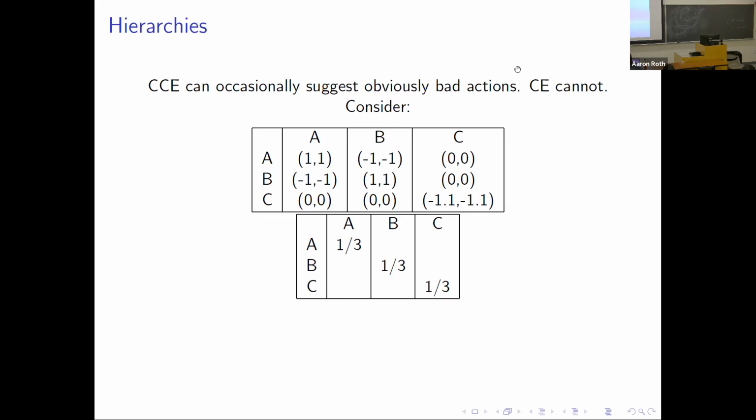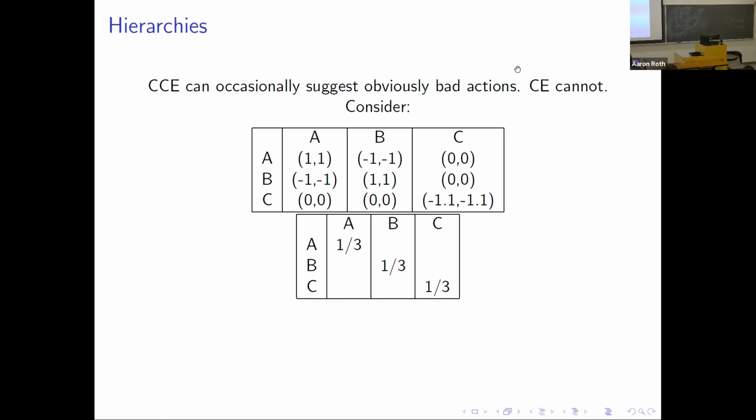And then maybe there's this obviously bad move C, that if we both coordinate on C, we get an even worse payoff than anywhere else in the game. Okay, so we can think about the following distribution on action profiles: a third of the time it suggests we both play A, a third of the time it suggests we both play B, and a third of the time it suggests we both play C.